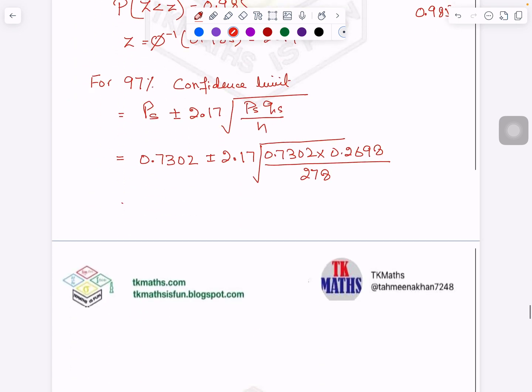Now you can use the calculator and it will give you 0.0577. So what is the value for the confidence limits, lower and upper? 0.672, 0.788, like I said, in 3 significant figures.